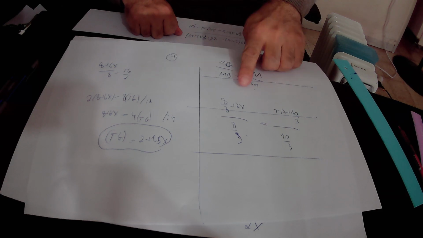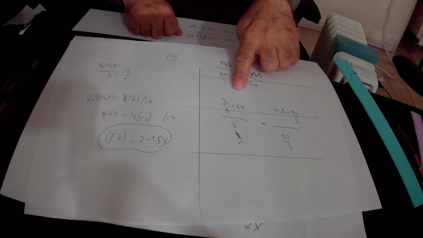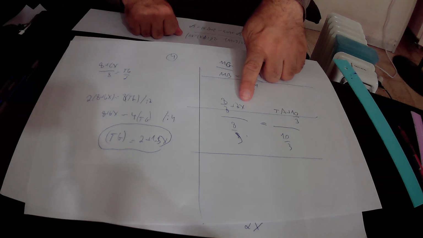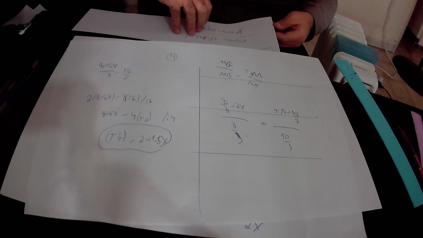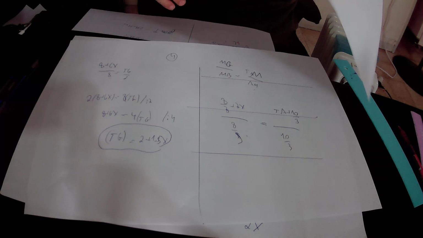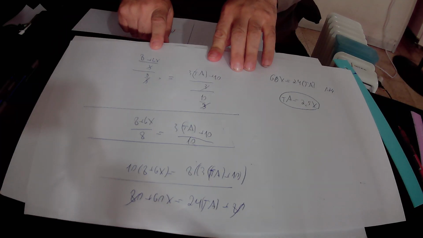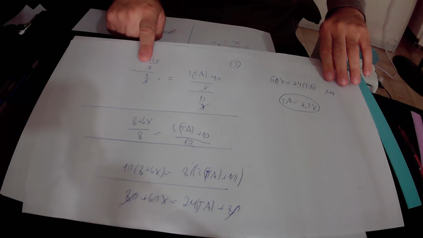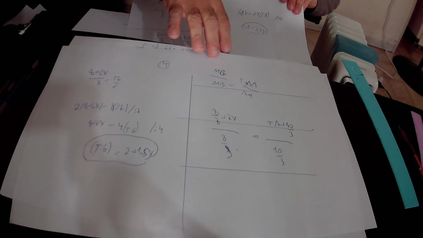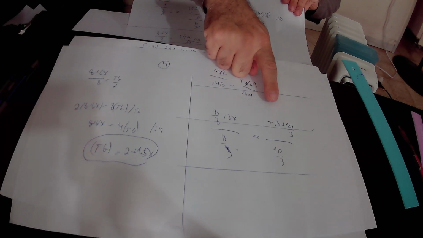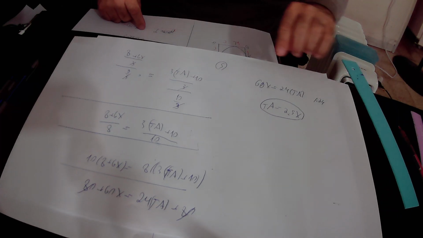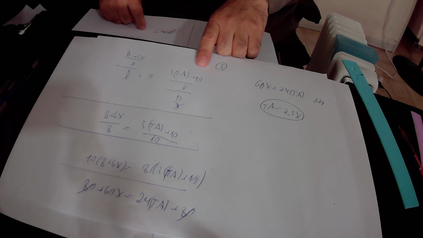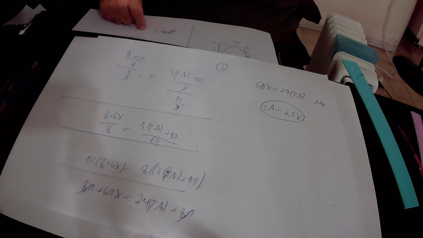So here we have 8 plus 2x times 3, which is 6x, so it is (8 plus 6x) over 3 over 8 over 3. Here we also multiplied TA by 3 and divided by 3 and found (3 times TA plus 10) over 3 over 10 over 3.